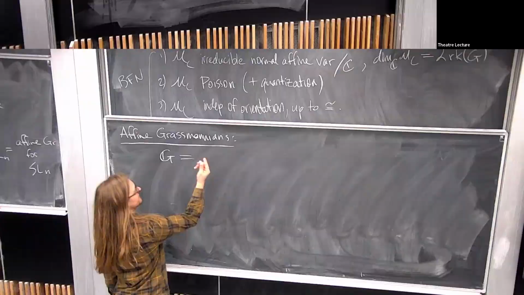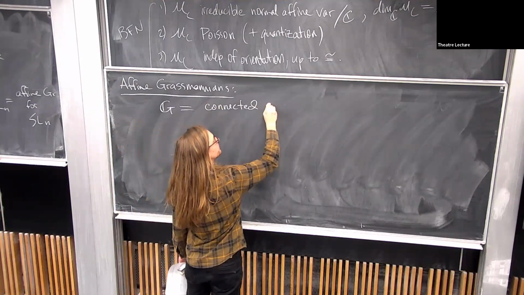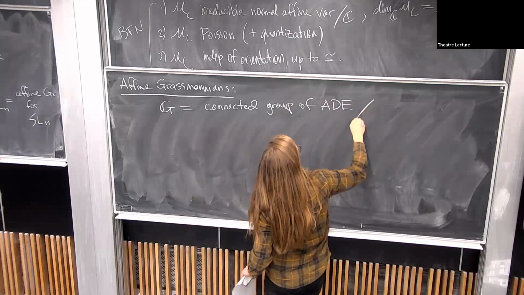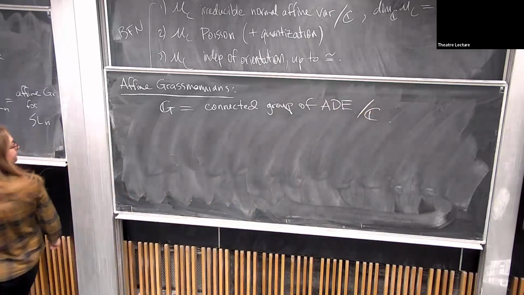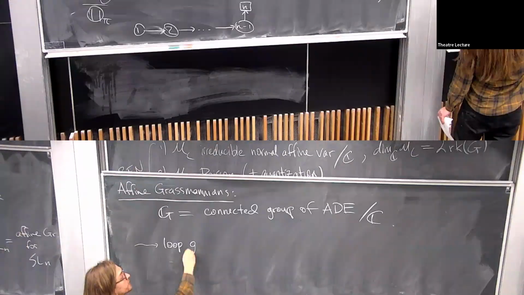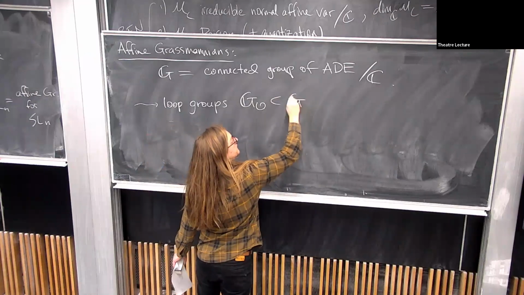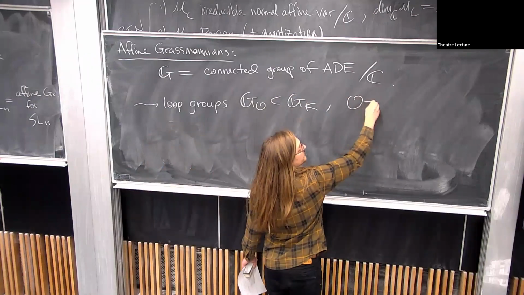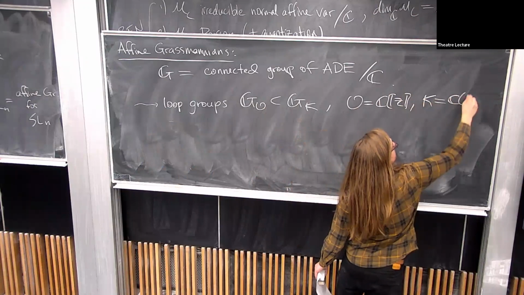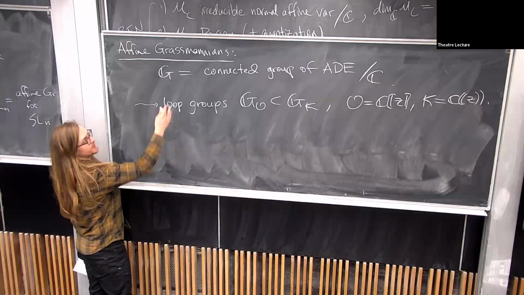This is the, say, connected, technically it should be adjoint type, simple group corresponding to the quiver up there over C. So then we can look at loop groups for this group, G(O), G(K), where I'm just using this notation for power series and the Laurent series. And finally, the affine Grassmannian is the quotient.